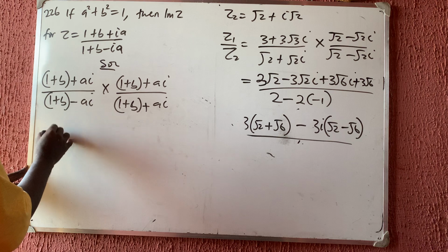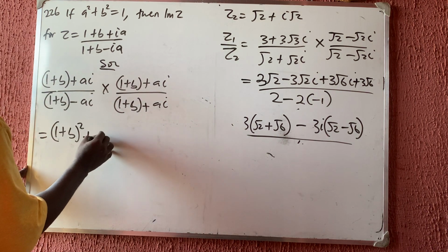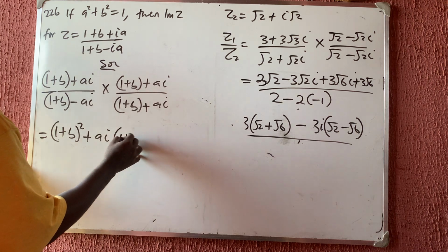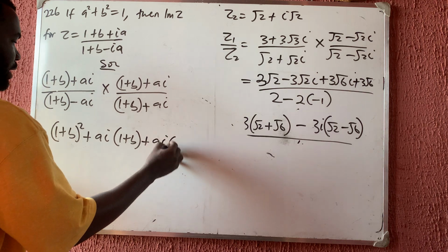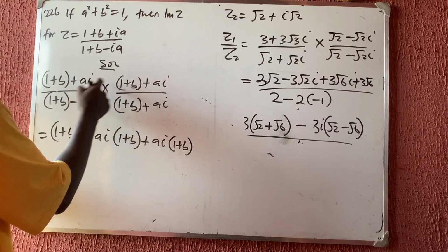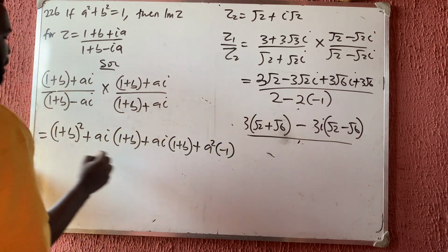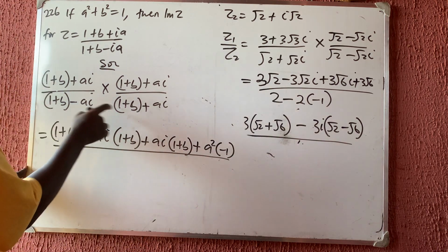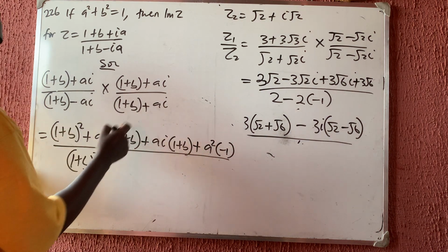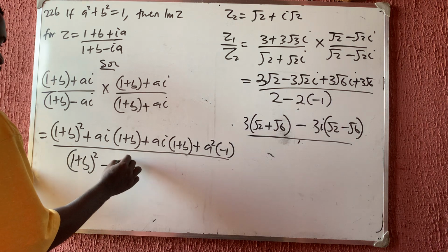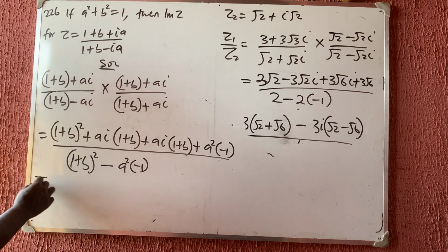Now let's multiply. The first will give you (1 plus b) all squared, then plus ai into (1 plus b), then plus ai in bracket of (1 plus b), then plus a squared into minus 1. All over: the denominator gives (1 plus b) all squared minus (ai) squared, which is a squared into minus 1. So I'm almost done.